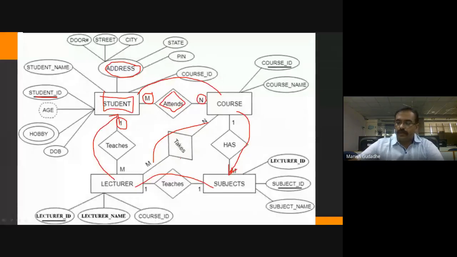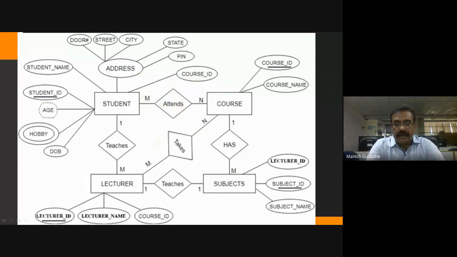So this way your ER diagram completely describes the model of a database. This diagram can be much bigger. More attributes, more entities, more relationships, more complicated will be the diagram.